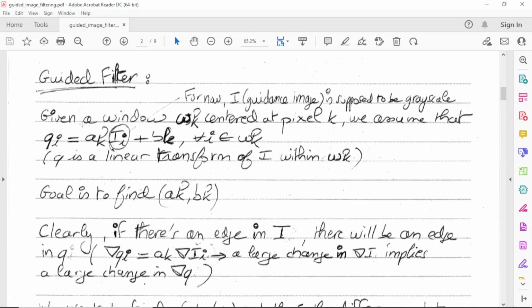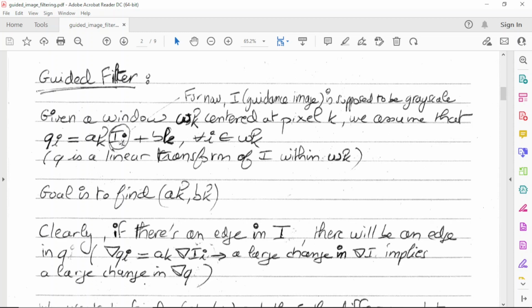Okay, so given a window omega k centered at pixel k, we assume that Q is basically your target image, the resulting image. a_k is an unknown. k is the pixel of reference.